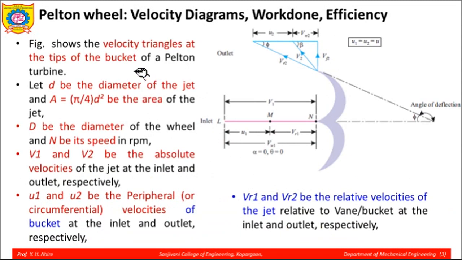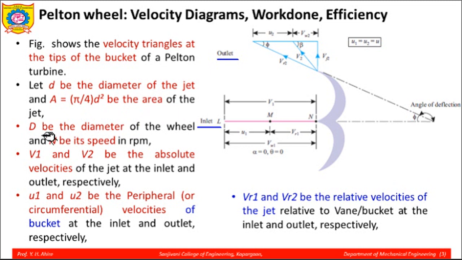Now this figure shows the velocity triangles at the tips of the bucket of a Pelton turbine, right? This is inlet velocity triangle as a straight line, and this one is an outlet velocity triangle at the outlet tip, and this is the inlet tip. Let small d be the diameter of the jet, capital A be the area of the jet as pi by 4 d square.